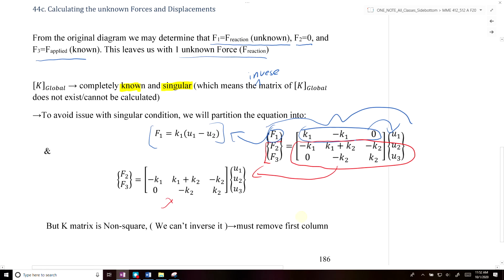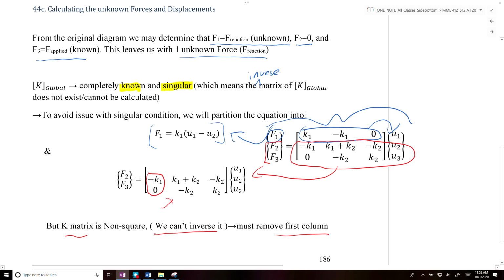The issue with this matrix, however, is that the K matrix is non-square, so we can't invert it. In order to do that, we need to remove the first column of our matrix. So we need to basically get rid of this part.